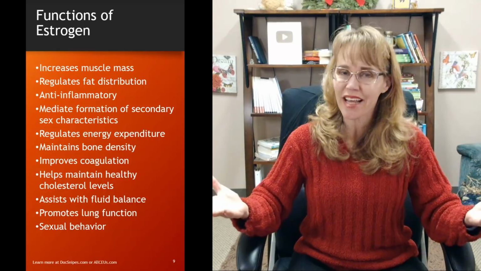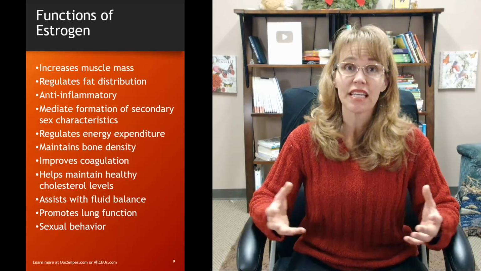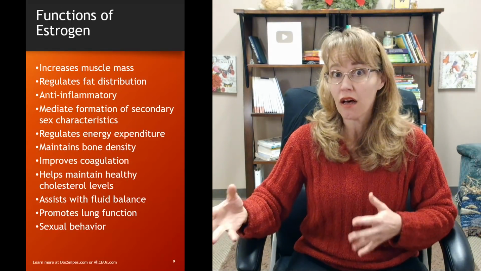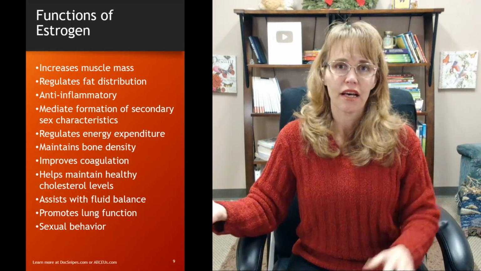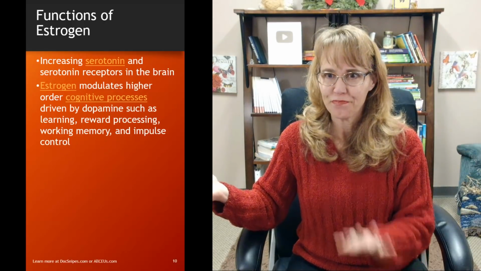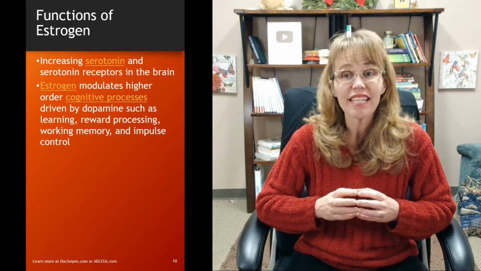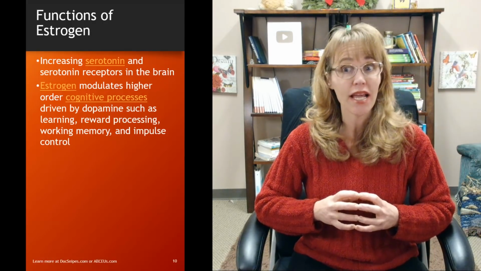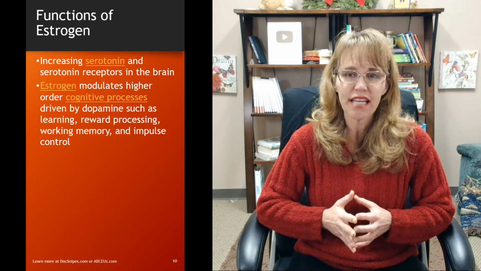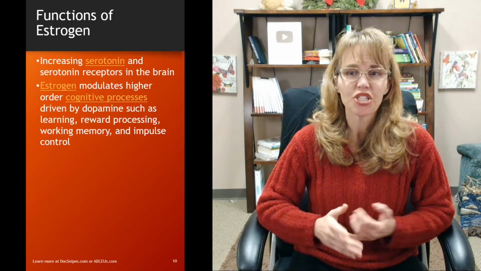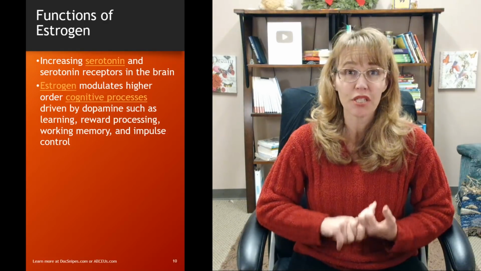And there were some studies on gonadal hormone levels and the impact of lung-related viruses that recently came out. Estrogen also increases serotonin and serotonin receptors in the brain. Estrogen modulates higher order cognitive processes driven by dopamine, such as learning, reward processing, working memory, and impulse control.